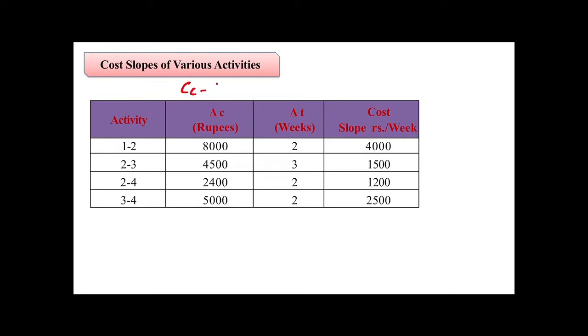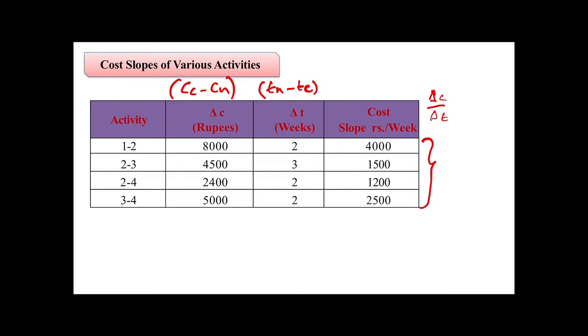We find the cost slope by using crash cost minus normal cost, which gives us delta C, the difference in cost, and normal duration minus crash duration, which gives us delta T, the difference in duration. So the formula is delta C upon delta T, which gives us the cost slope, that is rupees per week.